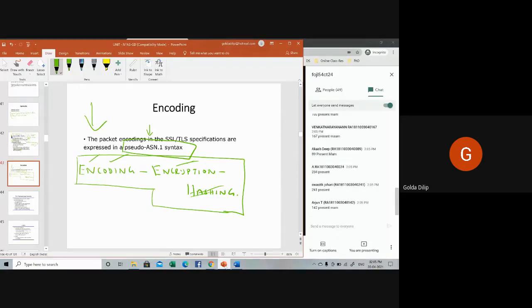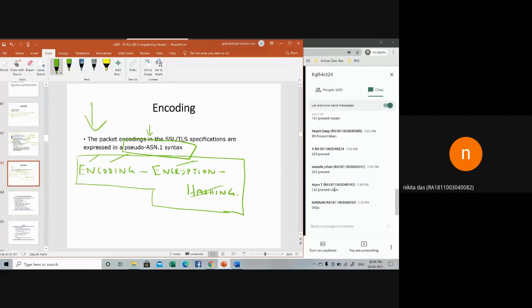234. Arjun present. Where were you, Arjun? 142. 234 is present. Vignesh. No response. Swastik. 241. Swastik Johari. Absent. 46. Jagadeep. Present, ma'am. Ma'am, 234 has put in chat.